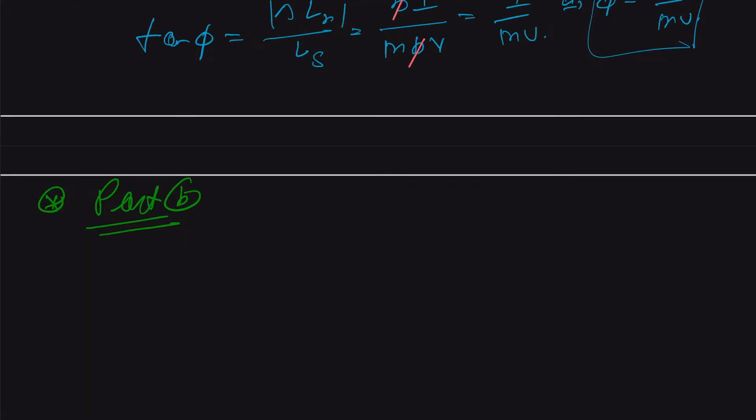So we can say that our delta L, which is B of I, should be much less than our spin angular momentum, which is nothing but m times v.